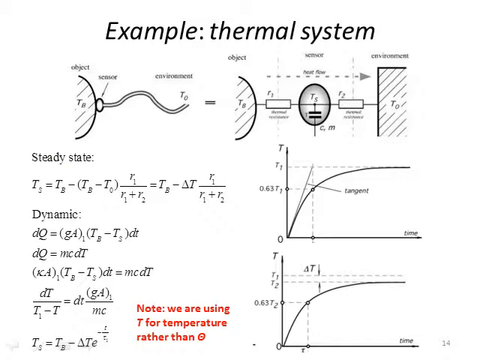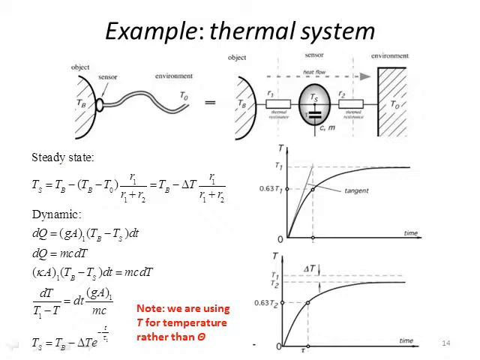There is also a thermal capacitance, because the sensor will take some time to heat up. Remember, the thermal capacitance is the ability of the material to heat up quickly, so it doesn't heat up instantaneously. This value represents how quickly the material can heat up.